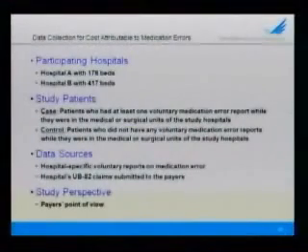Out of 14 hospitals, we collected medication error reports from 2 hospitals, and the patients were divided into 2 groups. One is the case patients, those who had at least one medication error report while they were in the medical or surgical unit of the study hospitals, and the controls are those patients who did not have medication errors.